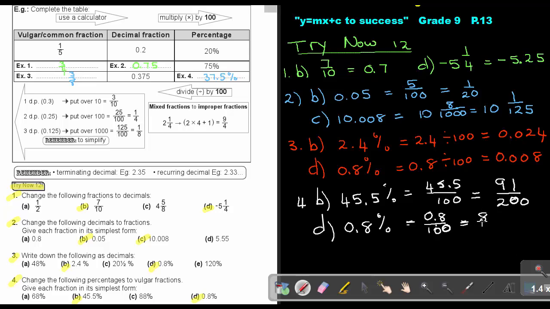At the end, I will get 8 over 1,000. And if I simplify that, I will get 1 over 125. And that will be my final answer. So this table will help you with all these conversions.